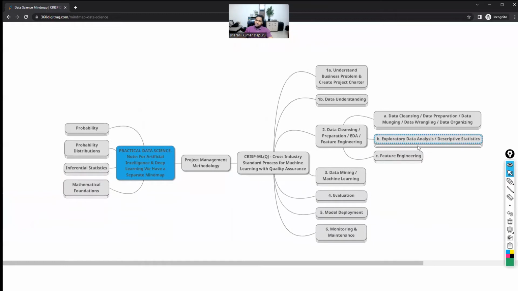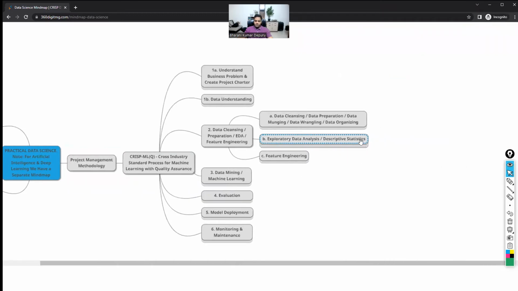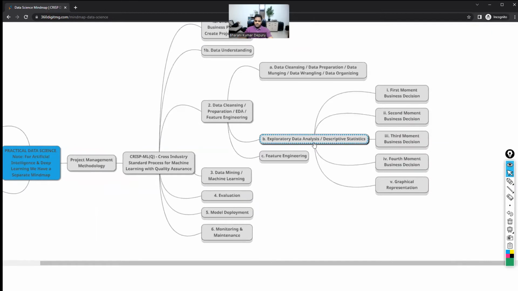In order to understand exploratory data analysis or descriptive statistics, one needs knowledge about probability, probability distribution, inferential statistics, etc. So we would first look at these basic statistics, and then get into exploratory data analysis.